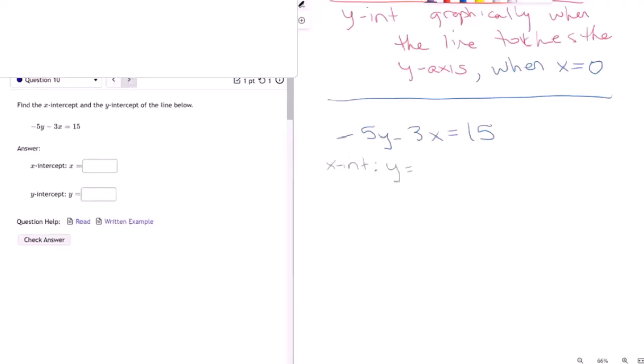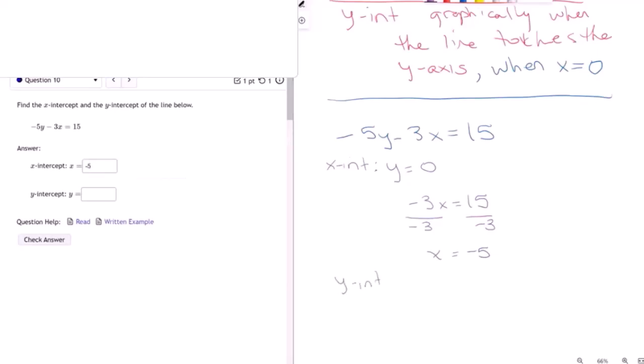Exactly, y equals 0. -5 times 0 is 0. I don't need that. I end up with -3x equals 15. I'll solve for x by dividing both sides by -3, and I get x equals -5.